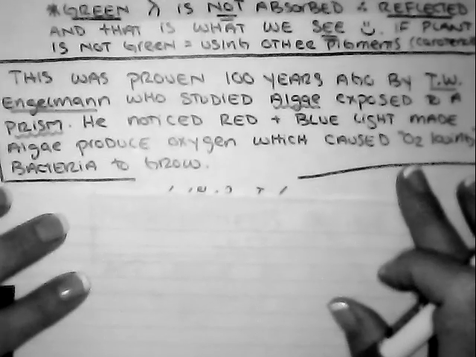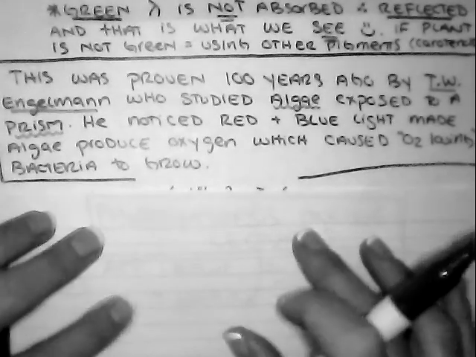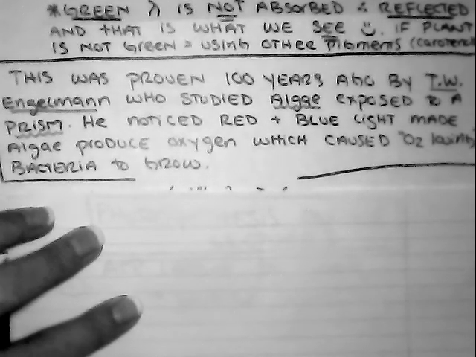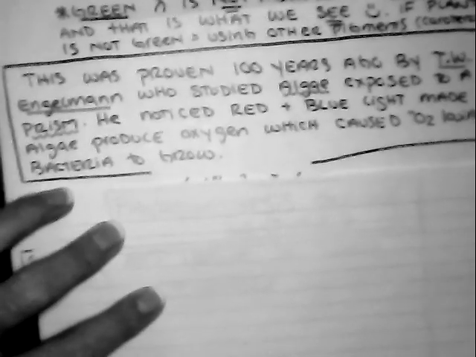As you all know, if you have me at Tesoro High School, I'm kind of a big history buff. And so let's talk about the history of photosynthesis. This process of light, what plants like, was proven about 100 years ago by this guy by the name of T.W. Engelmann. Now, he studied algae.